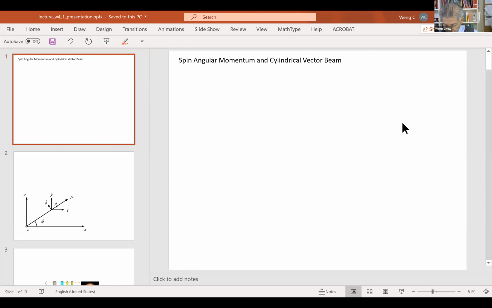I think one of the things that we found very interesting was the circular polarization of light. What it says is that if you have a light polarized in the x direction, for instance, this thing can rotate.